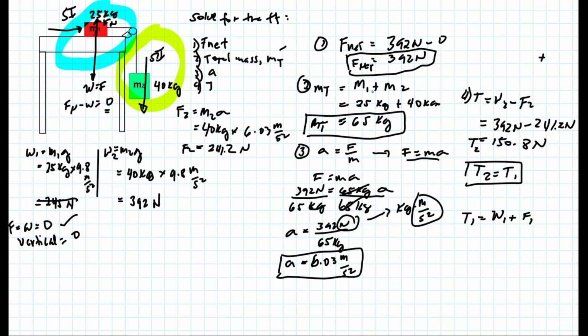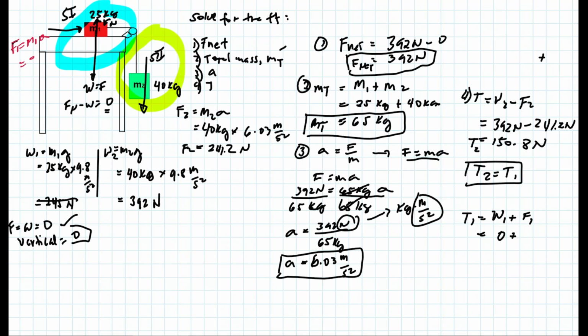W1 is 0 because, according to our idea, Fn cancels with mg, or weight. So this will be 0 plus F1. We do not have the value for F1 yet, so let's compute it. F1 is equal to M1 times A.